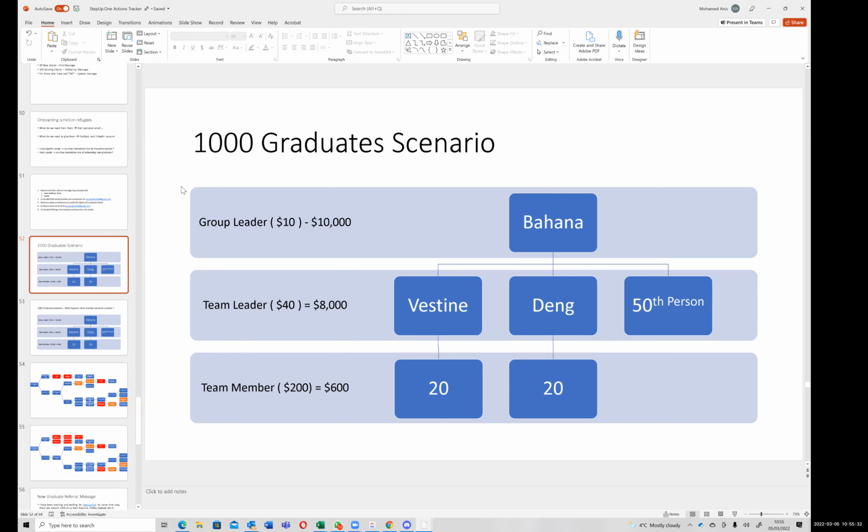If I'm starting with my 1,000 people, the only thing we need to think about, if a graduate wants to become a team leader, is whether he is able to onboard and do the work that Westin has been doing. He's graduating, so he should be able to do that, and have team leaders under himself.